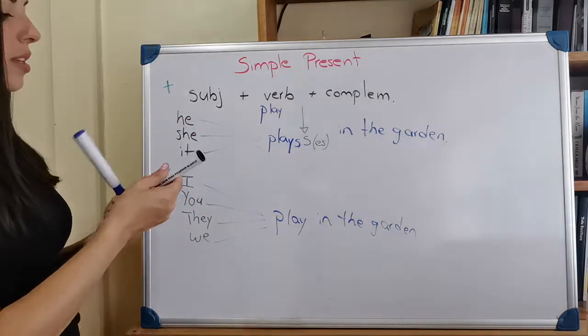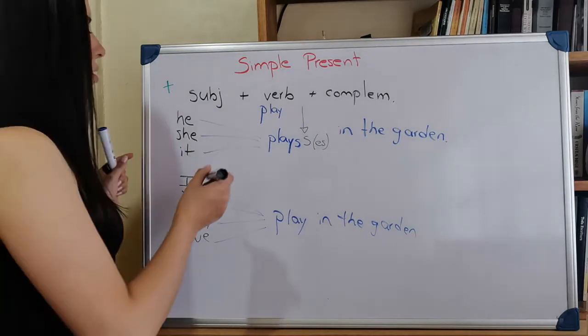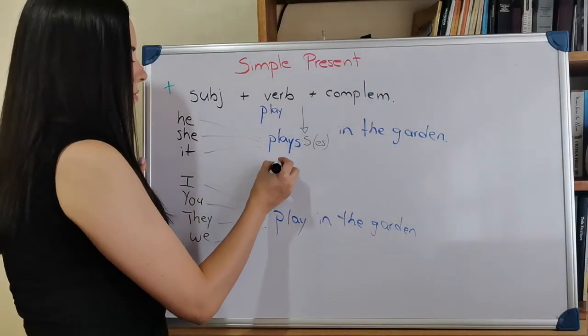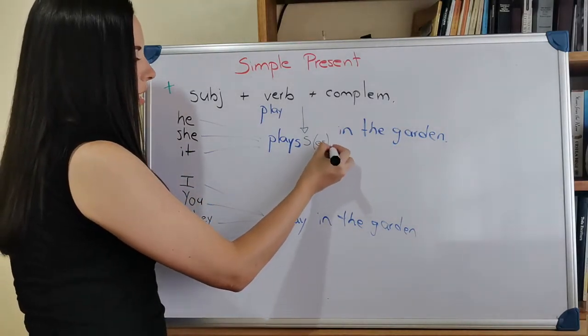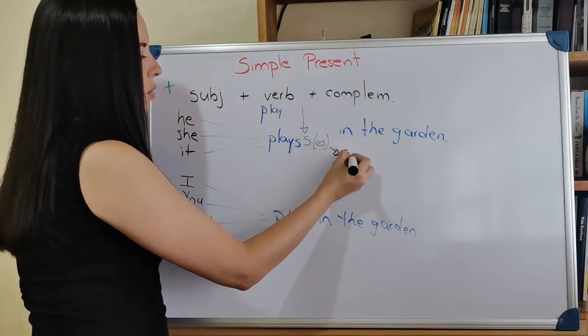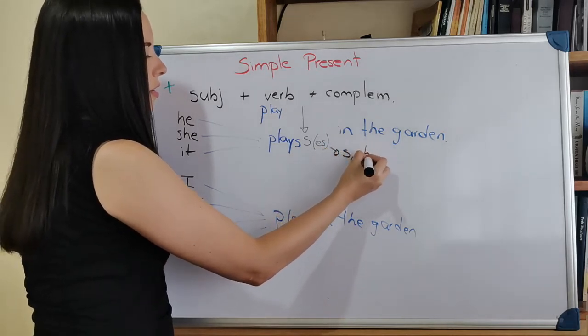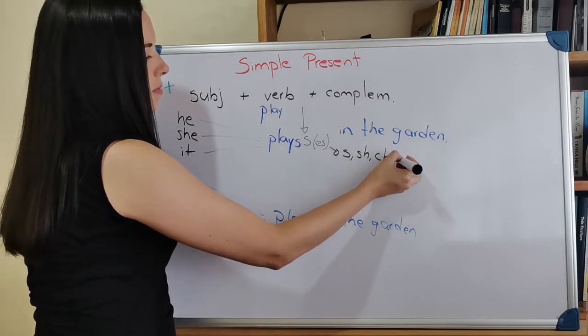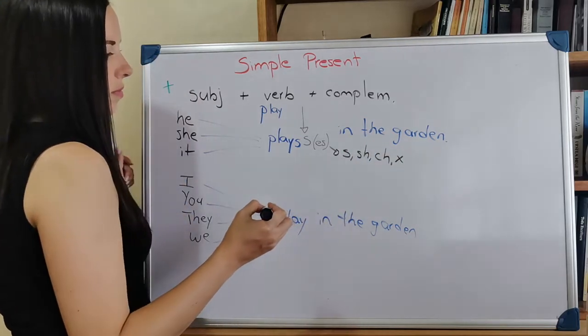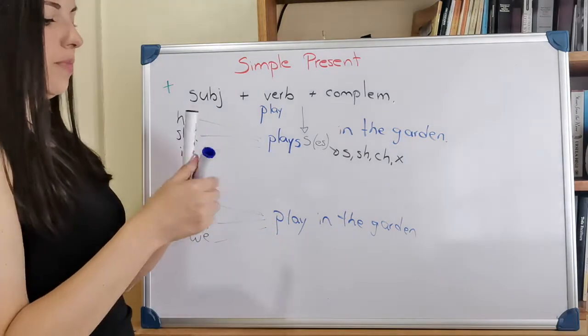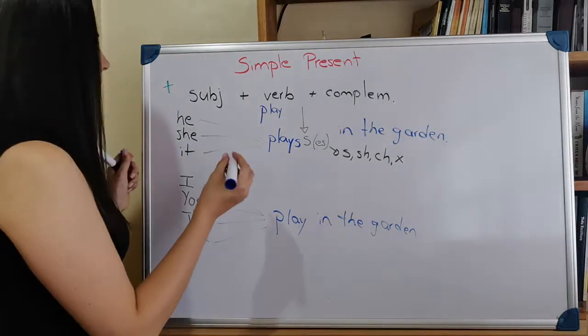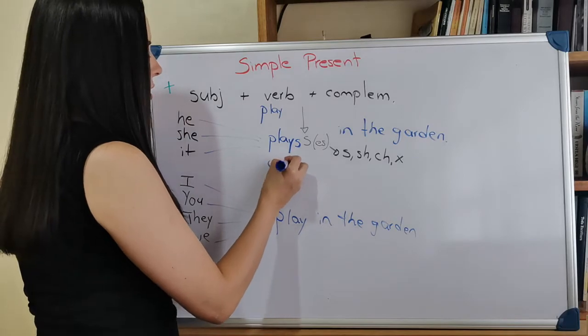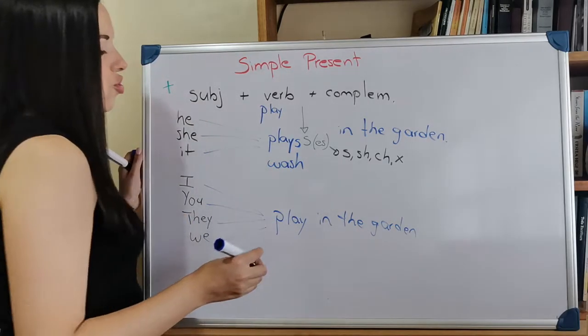Okay, in verbs that end with es, when the verb ends with this and that. For example, let's use the verb wash.